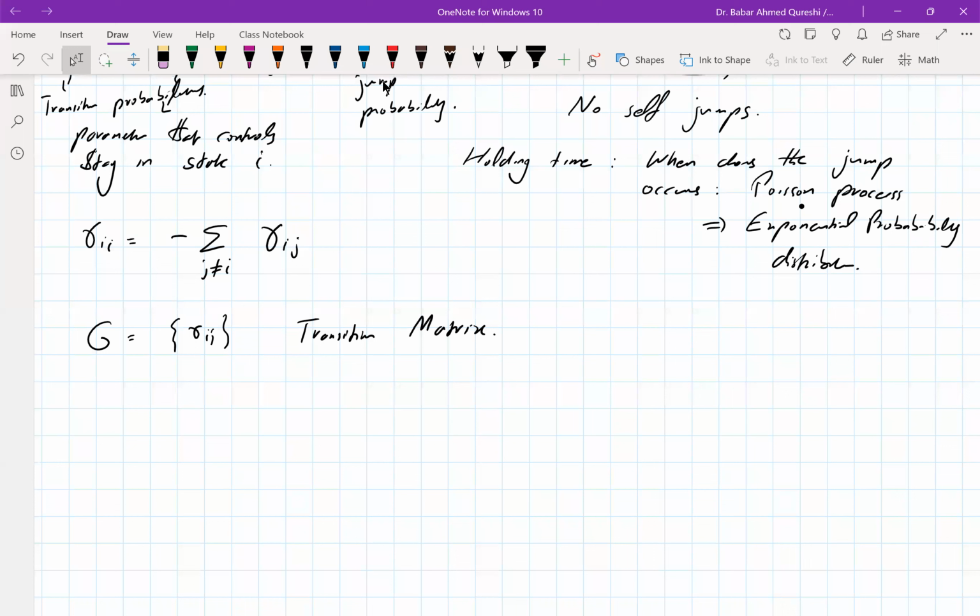So for example, this is all review, you have a two-state system, 0 and 1, and you have this probability lambda, and you have this probability mu.